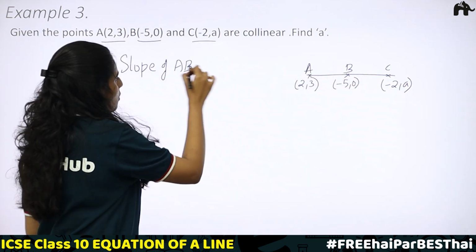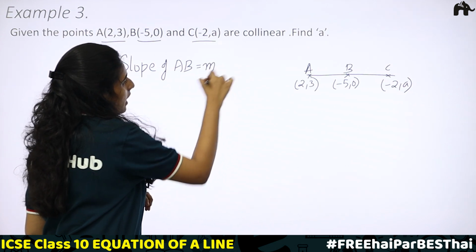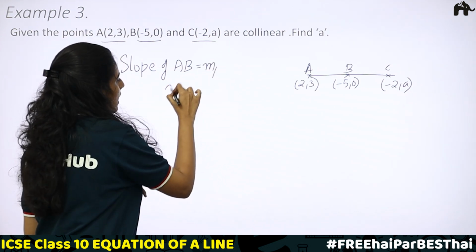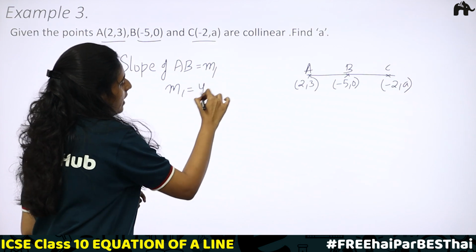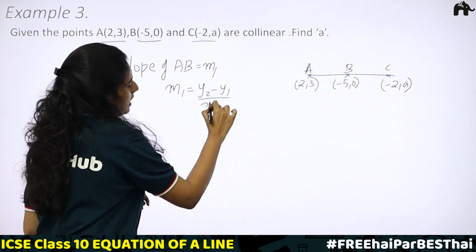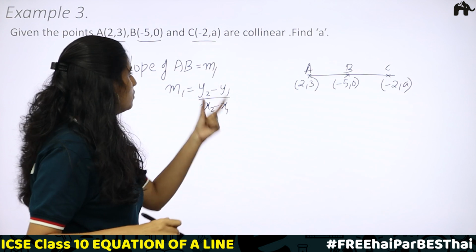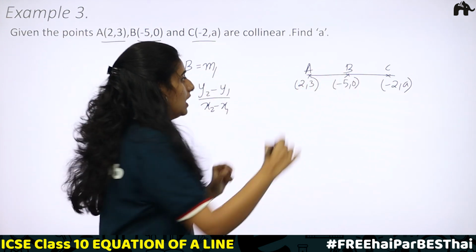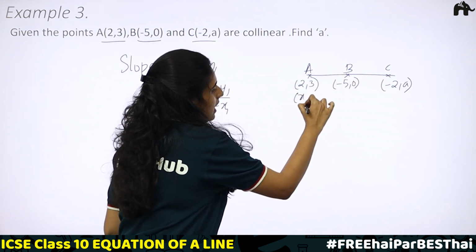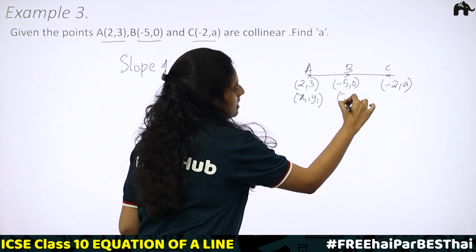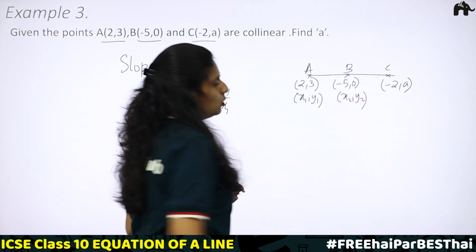We are taking the slope of AB as some M1. Then M1 will be equal to y2 minus y1 divided by x2 minus x1. So, for the points A and B, here we will be taking this as x1, y1 and this as x2, y2.